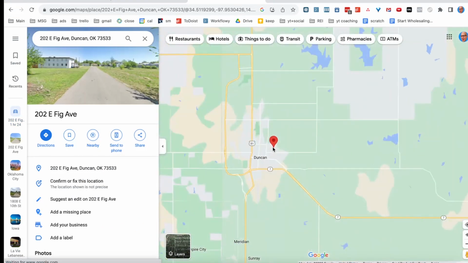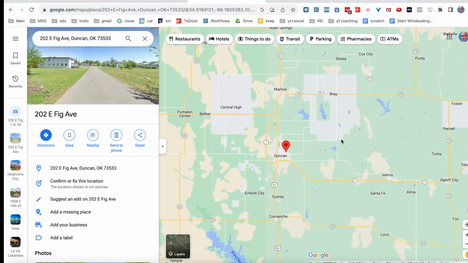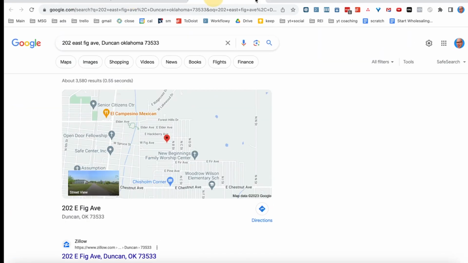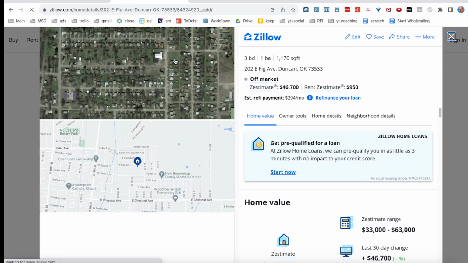And where are these buyers going to come from? Where is the rest of the activity? So here, I don't know this area, so I need to determine, is this a viable area? So I'm going to go back here into my search, and I'm going to click on the Zillow listing. I want to know how much activity is in Zillow.